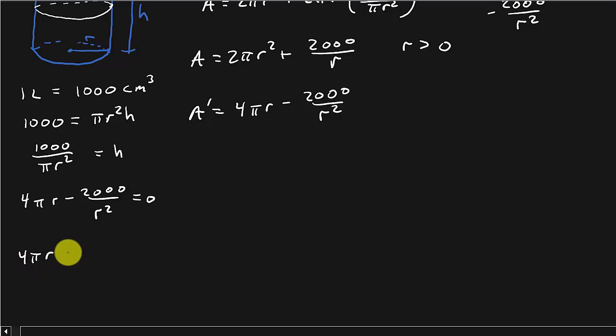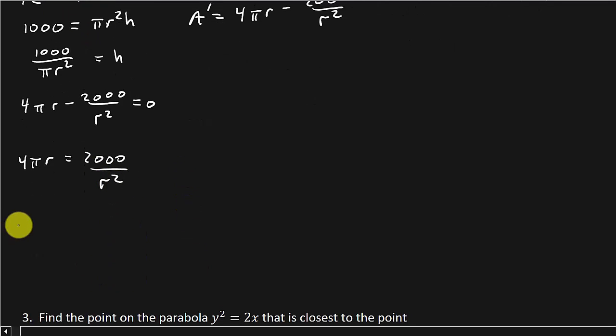So 4 pi r equals 2,000 over r squared. And so I get, let's see, r cubed is equal to, what is that, 500 over pi. And so r is equal to the cube root of 500 over pi.